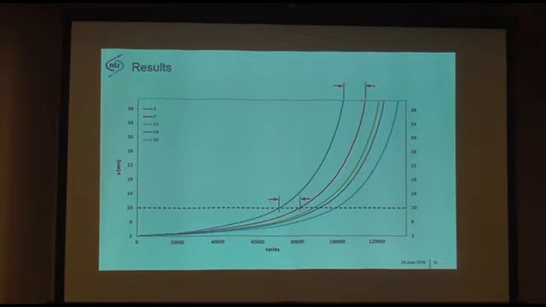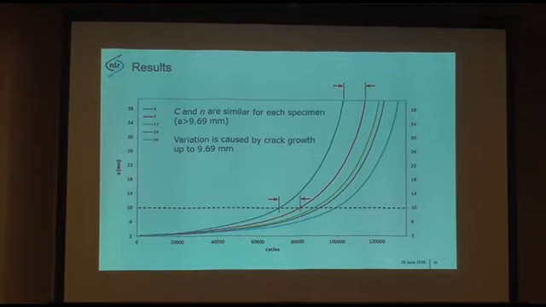This difference is the same as here, and it also applies for all the other samples. So all the variation is caused by crack growth from 2 millimeters to 10 millimeters. From there on, the crack growth rate is the same. It also implies that the constant and the exponent are the same at that point, from 10 millimeters on.